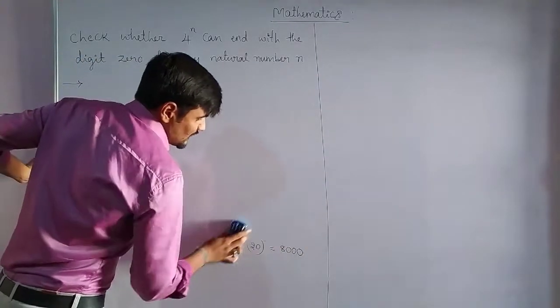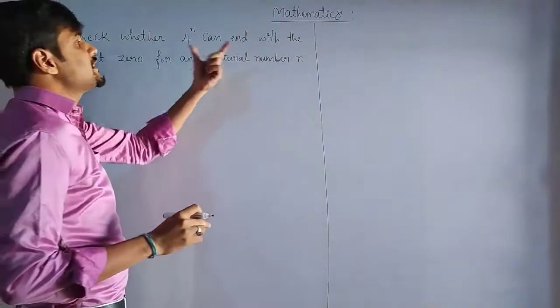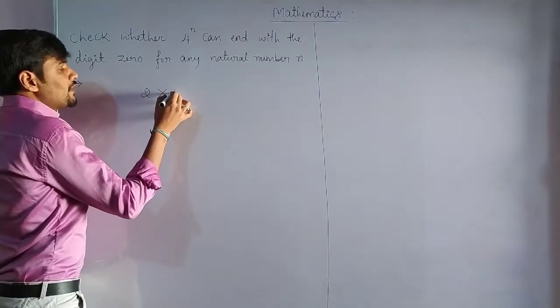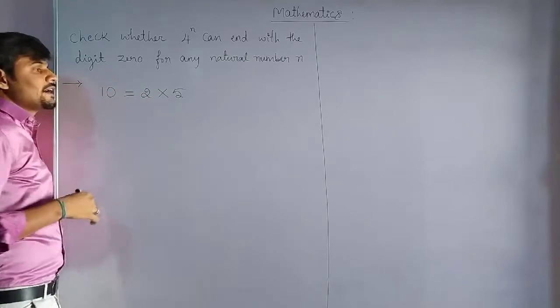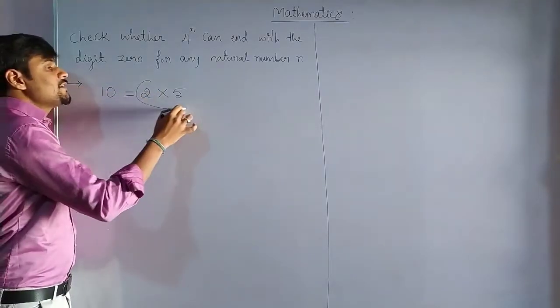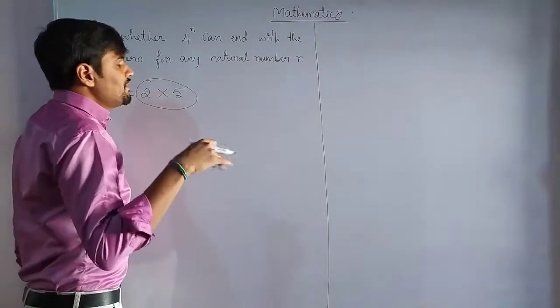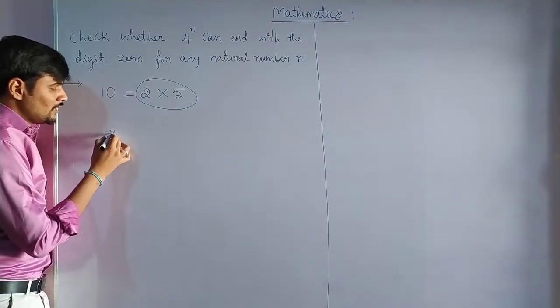So if a given number ends with the digit 0, it must contain 2 and 5 as its factors. It can contain other factors also. For example, I already told you 30.